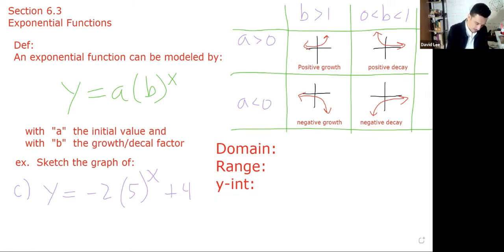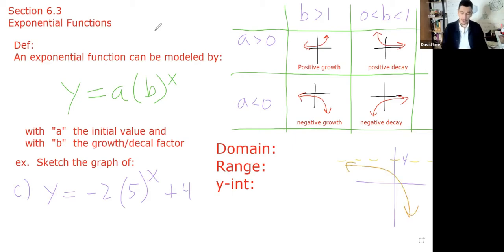So let's see here. The domain has to do with the x values. And if you remember the picture that I had on the board just a moment ago, let me quickly sketch it. That was at 4, and then we had this asymptote here, and the graph itself looks something like this.